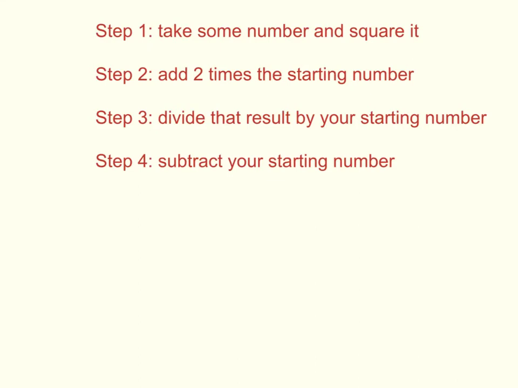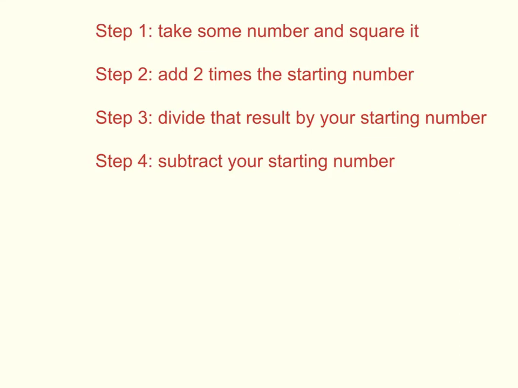Okay, so now I have some number, and it says to take some number and square it. Well, that's like saying x squared. Okay, so my next step says add 2 times the starting number. So I'm going to add, now how do I say 2 times my starting number? If my starting number was x, 2 times that is 2x.